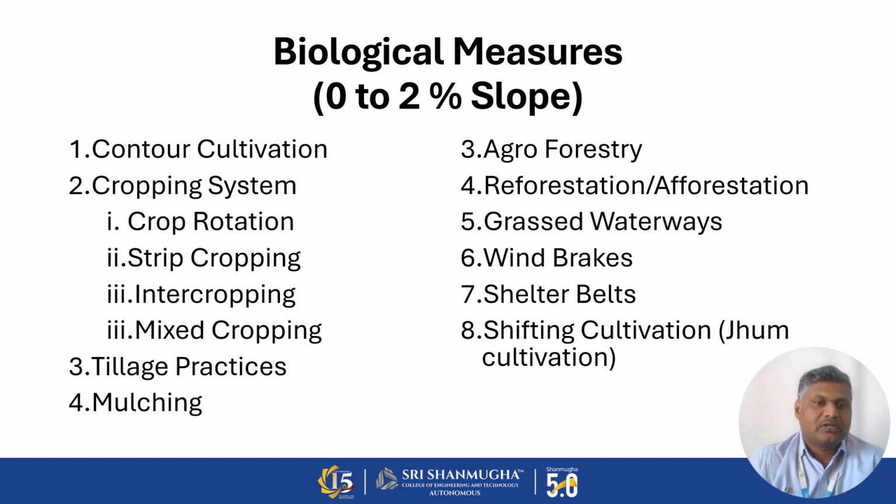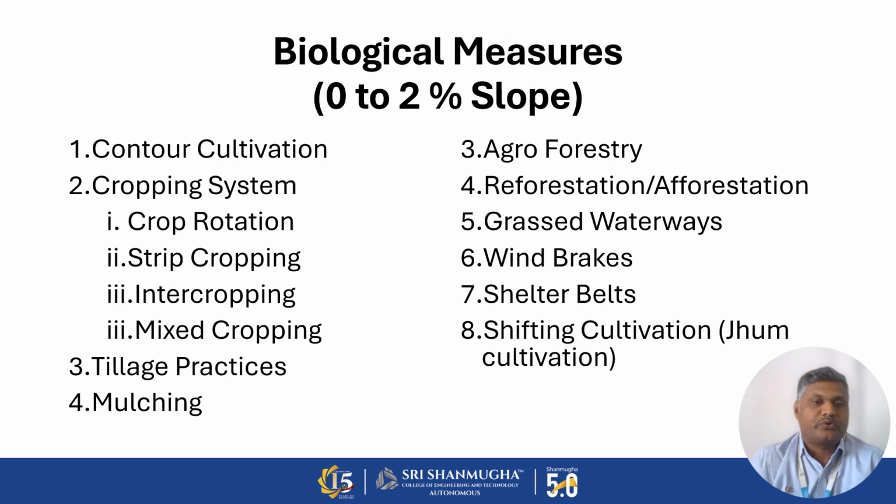Cropping system means different cropping systems are followed: crop rotation, strip cropping, intercropping, or mixed cropping. Crop rotation means we change the crops season by season, so that we can maintain the soil fertility level.